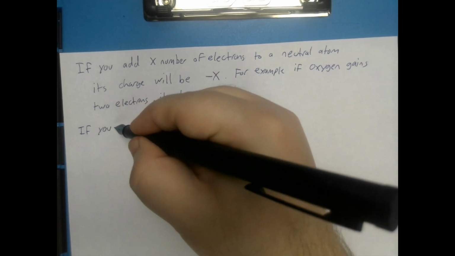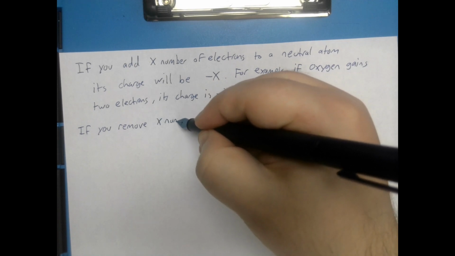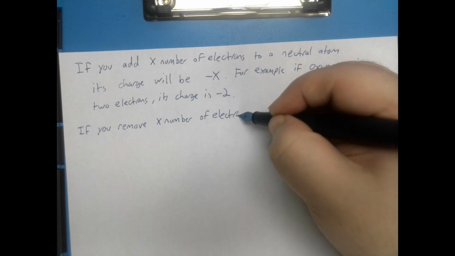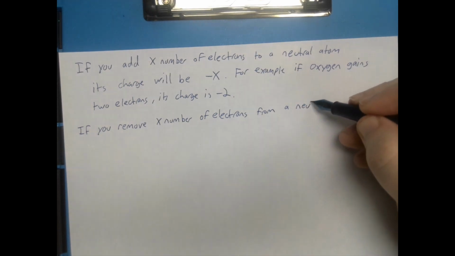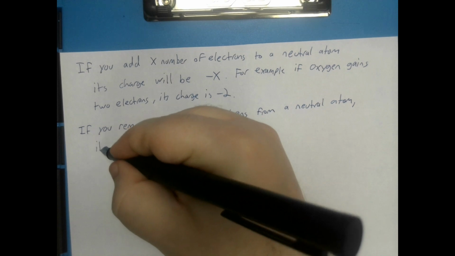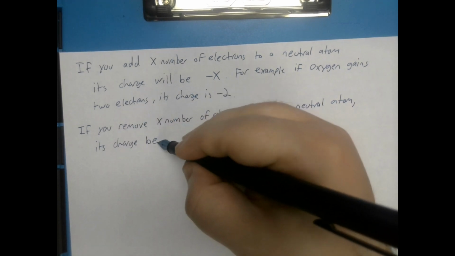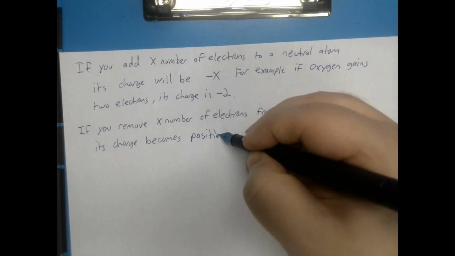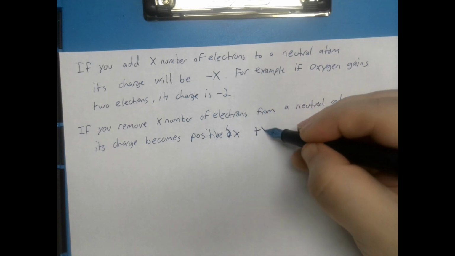If you remove X number of electrons from a neutral atom, its charge becomes +X.